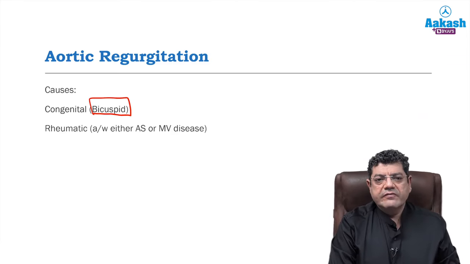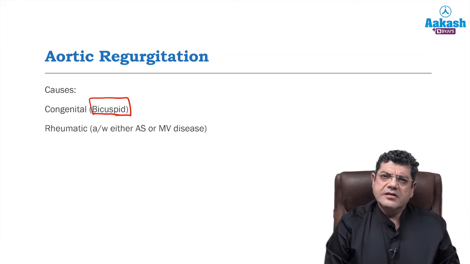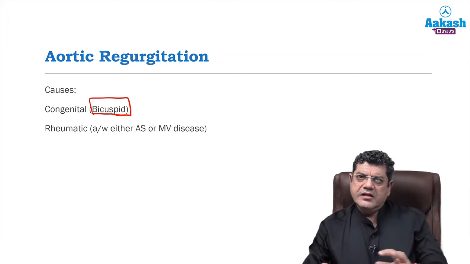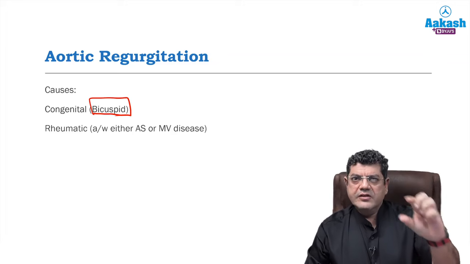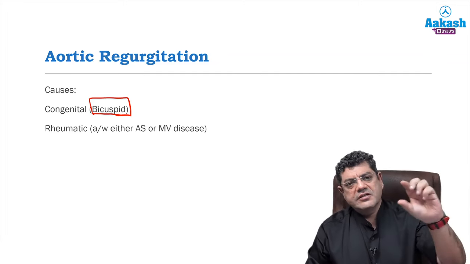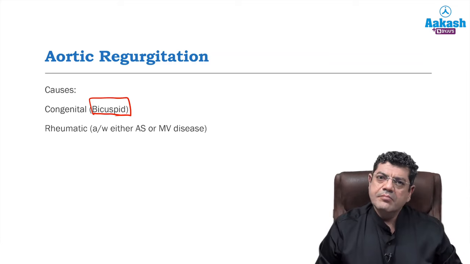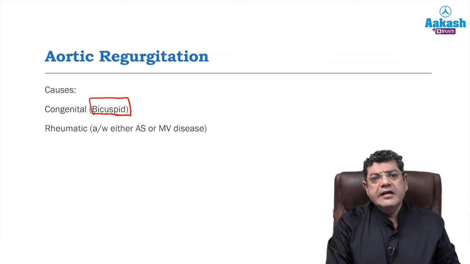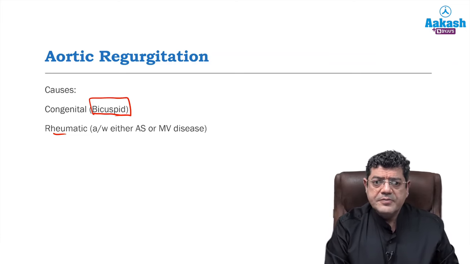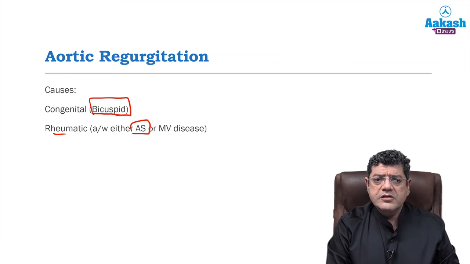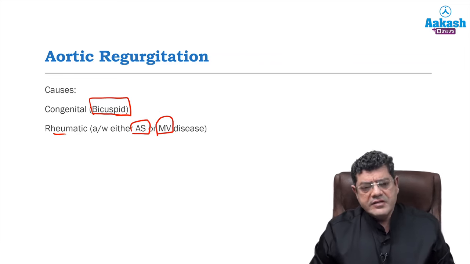A bicuspid aortic valve becomes symptomatic much earlier. When you start getting patients earlier on with aortic stenosis or aortic regurgitation, you're probably dealing with a bicuspid aortic valve. It could be rheumatic, and when it's rheumatic, it's never isolated AR. It will always be associated with either aortic stenosis or mitral valve disease.